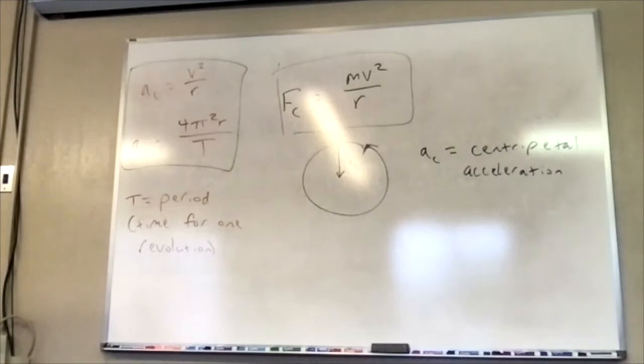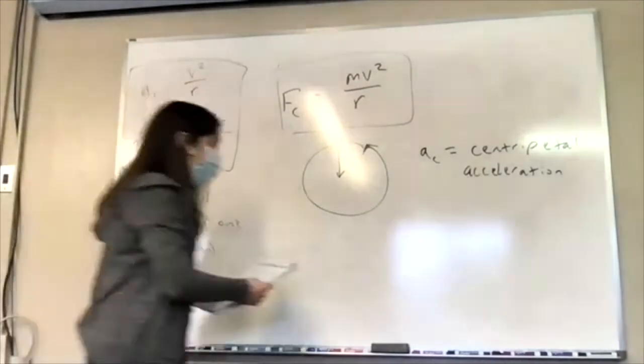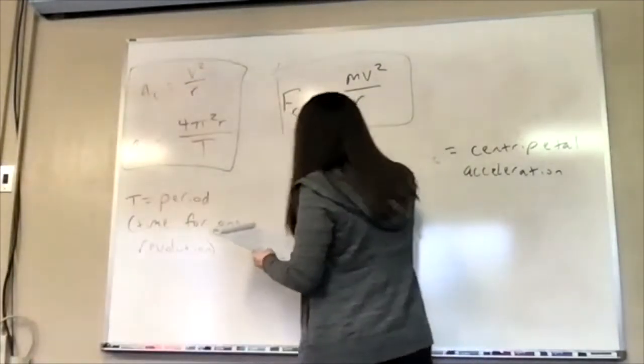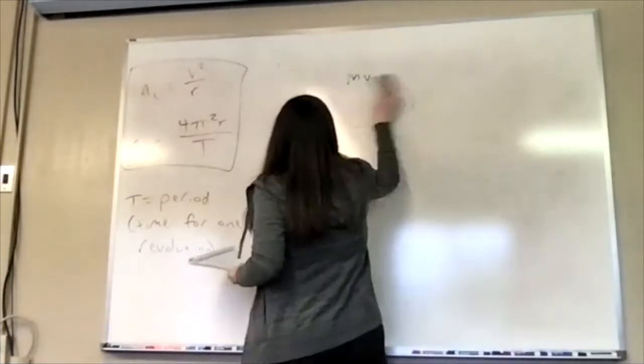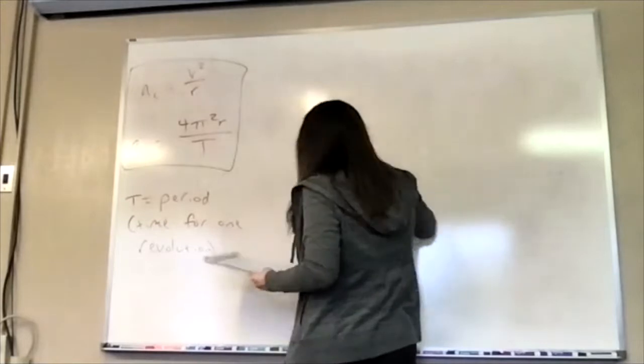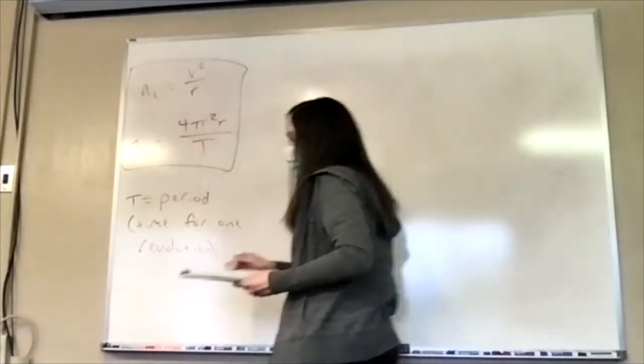The stopper is swung in a horizontal circle, making one revolution in 1.18 seconds. Find the tension exerted by the string on the stopper. So this is on page 155, problem number 2.